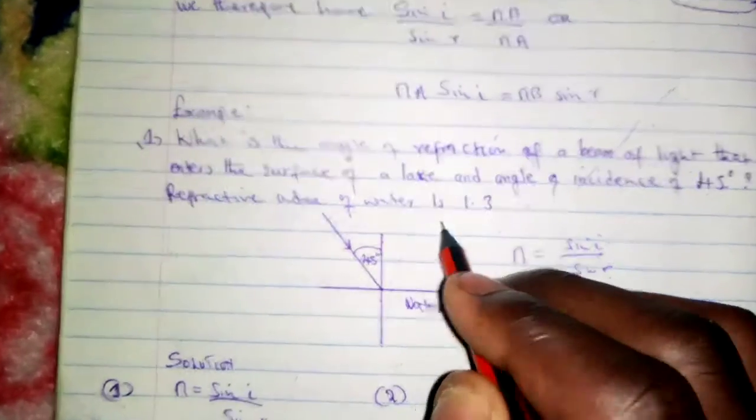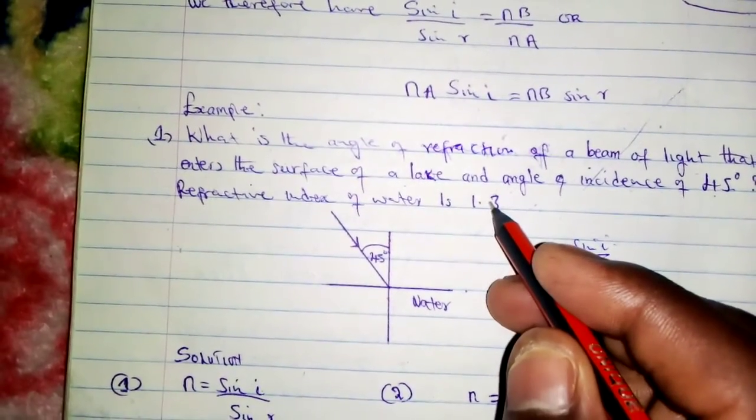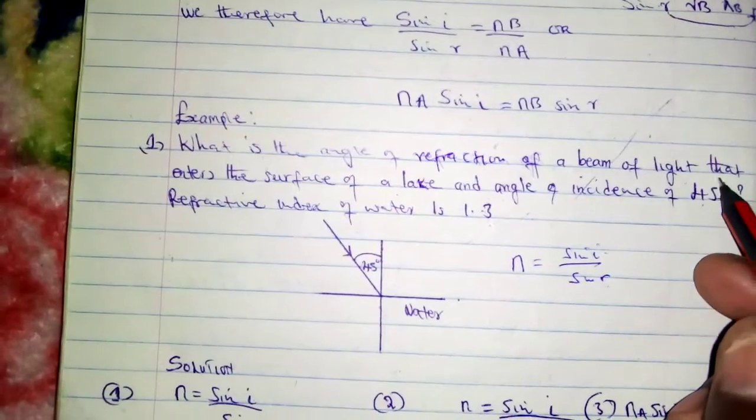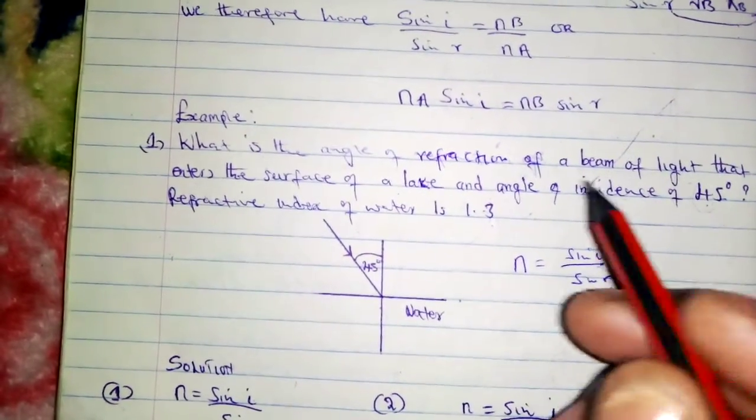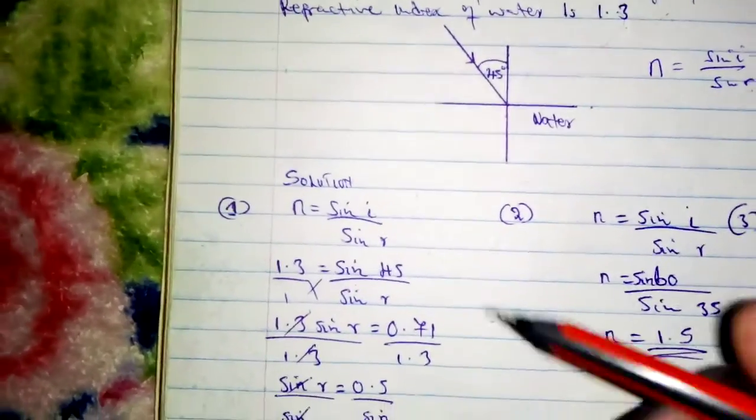Refractive index of water is 1.3. So we've been given refractive index, then we've been given the angle of incidence, but we are looking for the angle of refraction. So we are going to a formula.